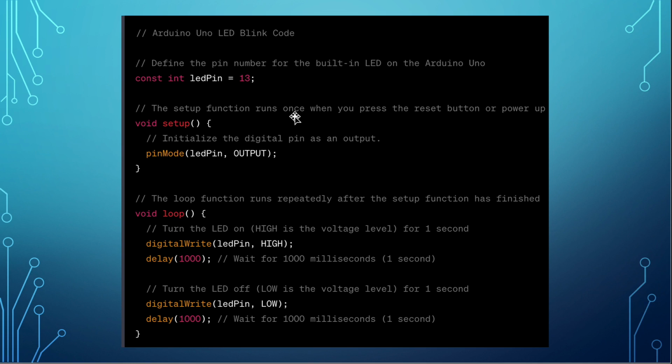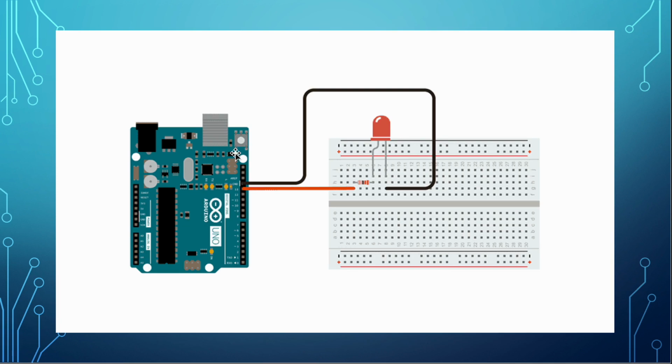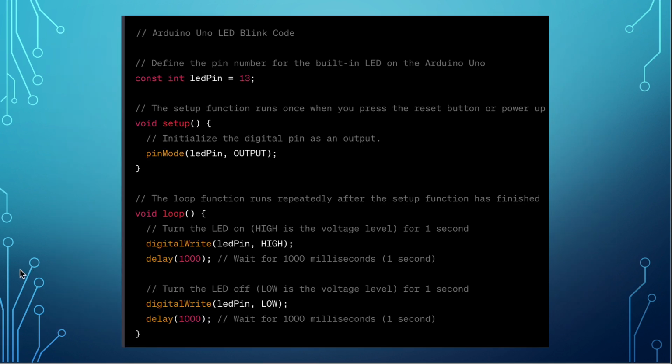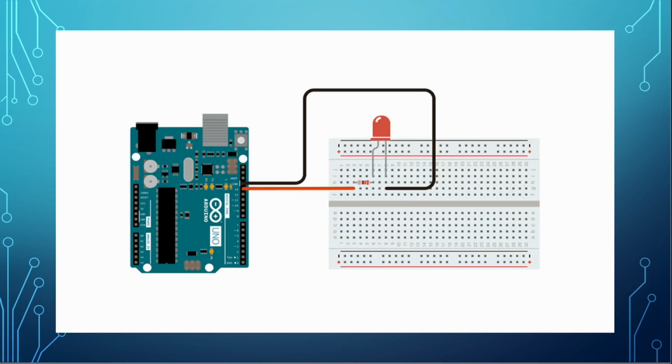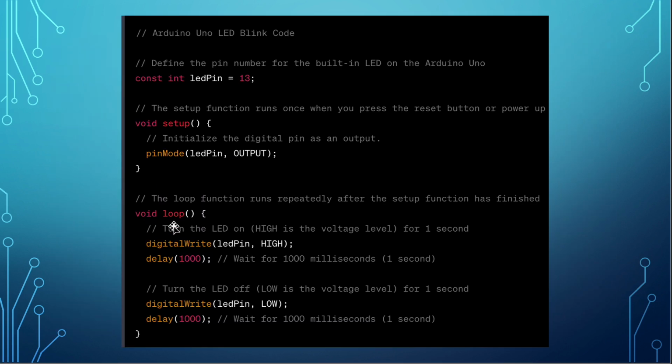Will it be input or output? For a servo motor, it would be an output, similar to a LED, because they are actuators, right? If it is a sensor, it would be input. So we set output, then again we define that pin as high. Again we create a loop, we let the loop run.